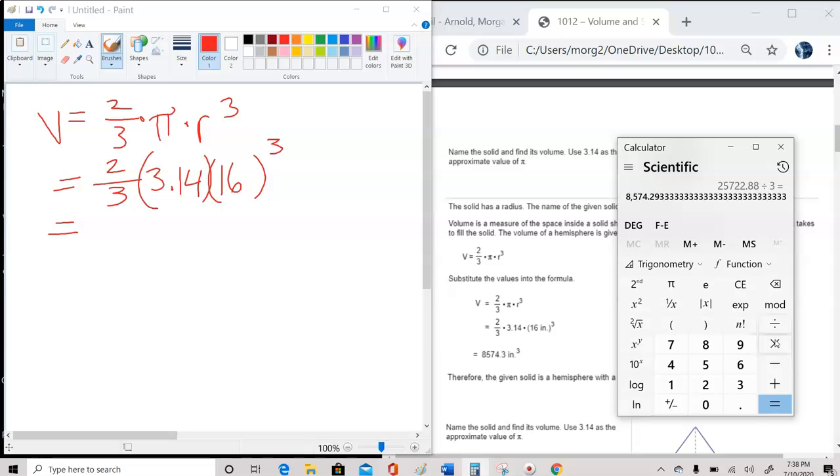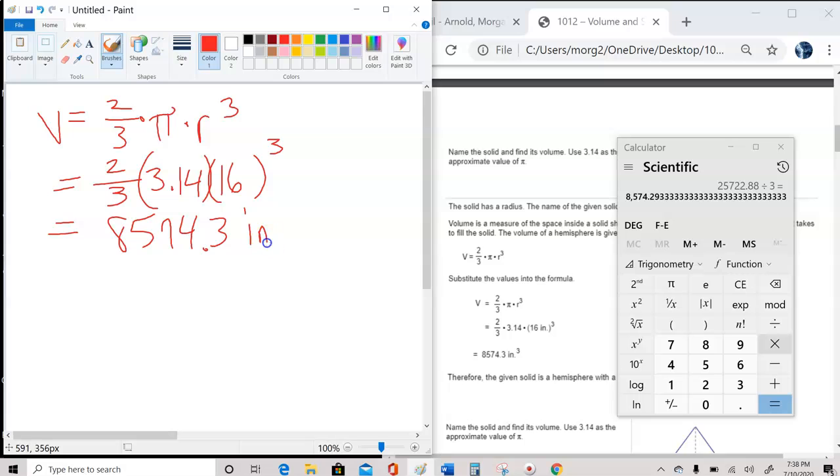So to the 10th place, the volume of our hemisphere is roughly 8,574.3 cubic inches.